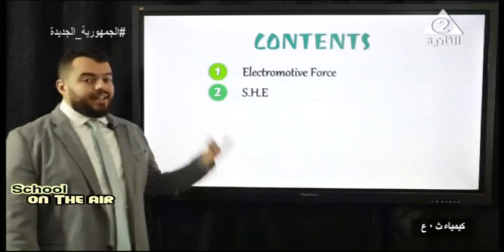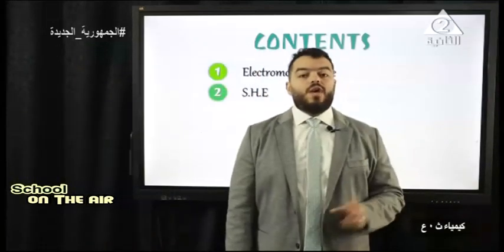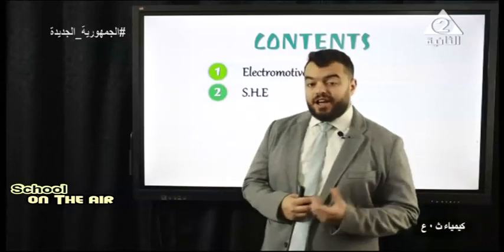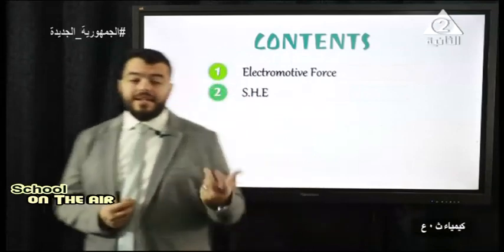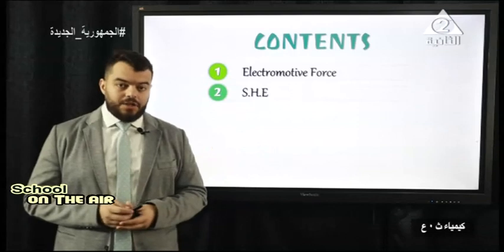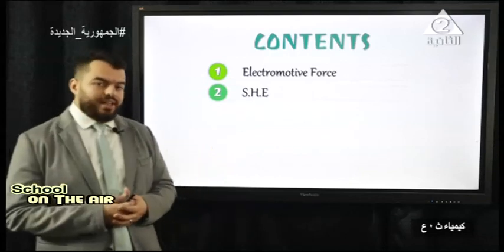Okay? At the last session, when we were studying the galvanic cell, we chose the zinc rod to be the anode and the copper to be the cathode. The zinc rod is the rod which will be oxidized, and the copper is the rod which will be reduced. And why did we do that?